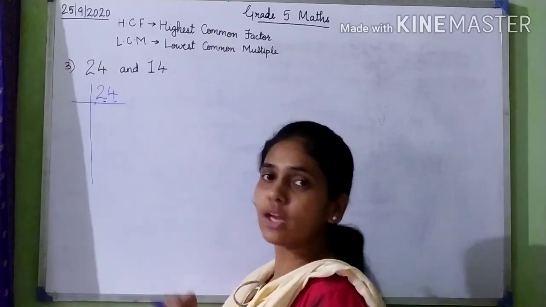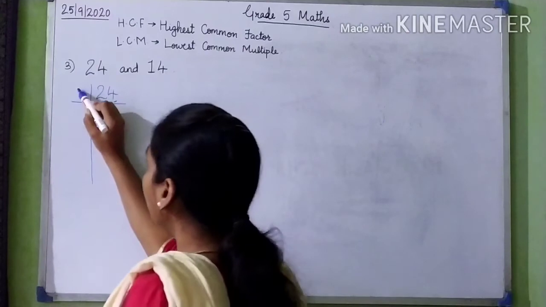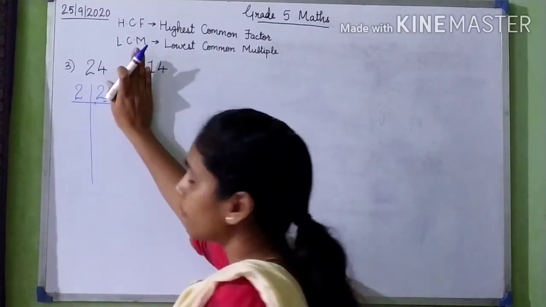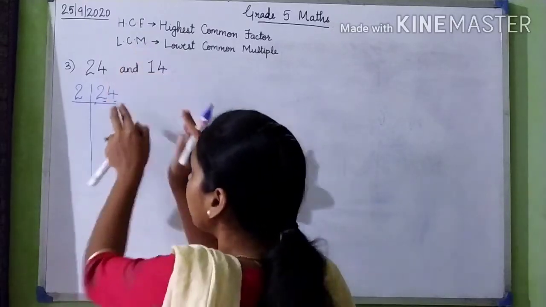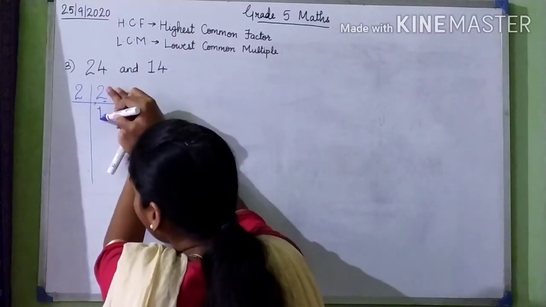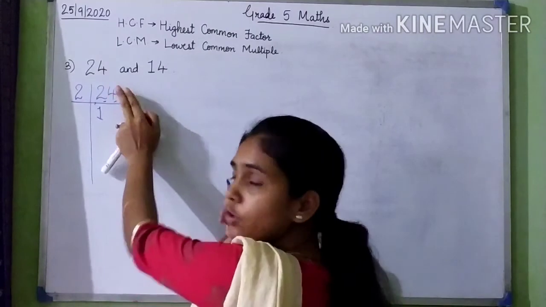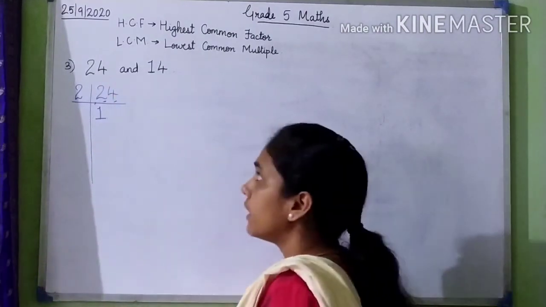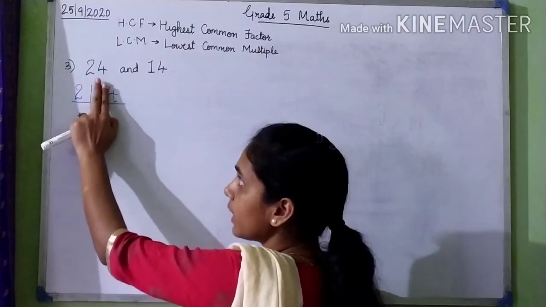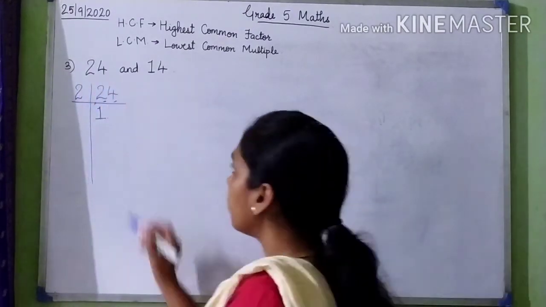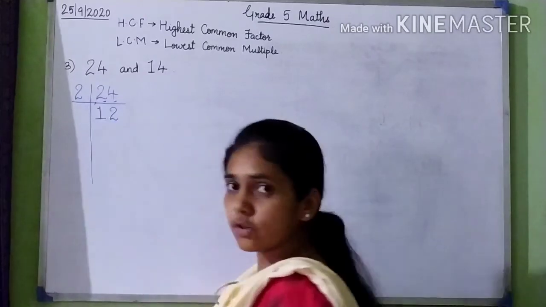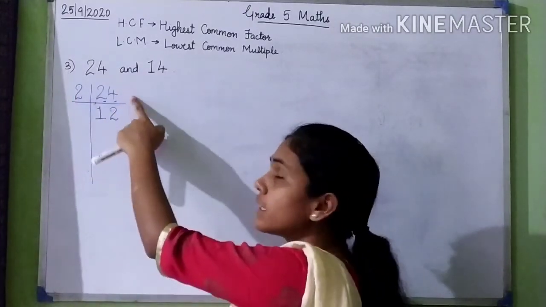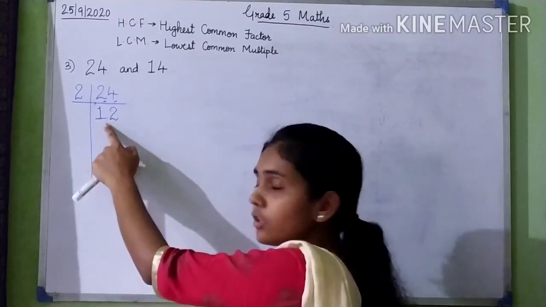We see each number. 2 into 1 is 2. So this is divided. Now we go to the second number, 4. 2 into 2 is 4. So we get that 2 into 12 is 24. So we have got a 12 now.